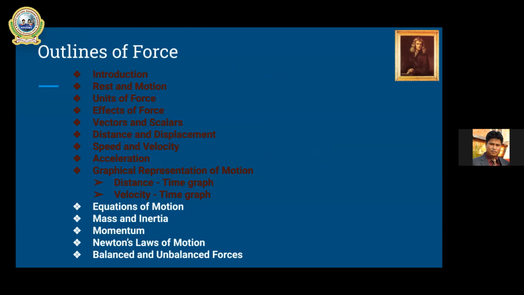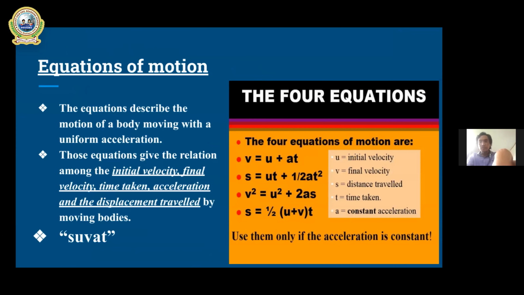You'll note in your copy, class 9, just wait. In short, let's know about equations of motion. So equations of motion are the relations among the quantities like velocity, displacement, acceleration, and time.